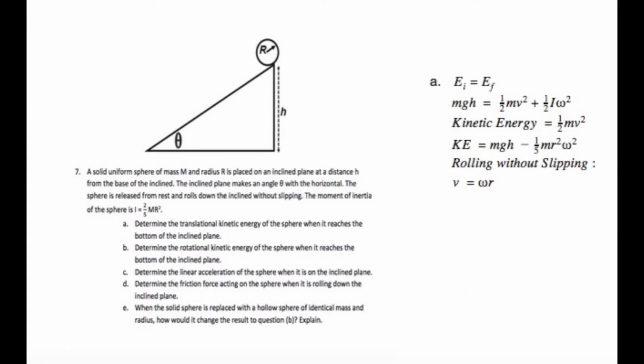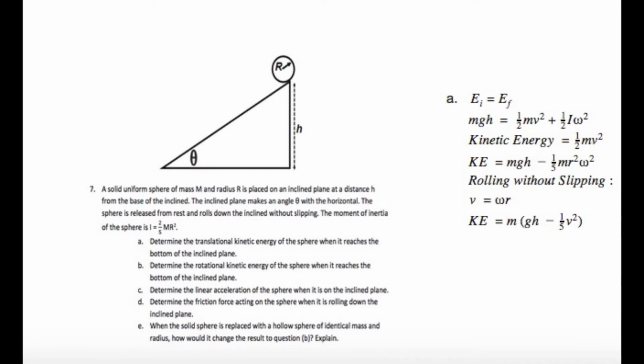Because it is rolling without slipping, we can say that the velocity of the ball is going to be equal to omega times r. When we plug this back into the equation for the kinetic energy, we get that the kinetic energy is equal to mgh minus 1/5 mv squared.